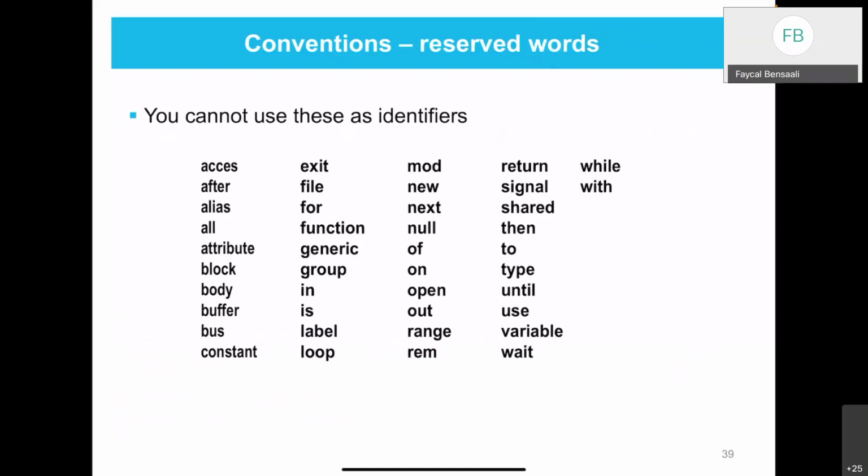Of course, all the words that you've seen in red in this presentation are reserved words. You cannot use them as names or identifiers for your ports or variables or whatever. Those are already reserved. I put some here as well, but those are not all. And the good thing is, when you work with a compiler or software tool, it will always highlight those reserved words.